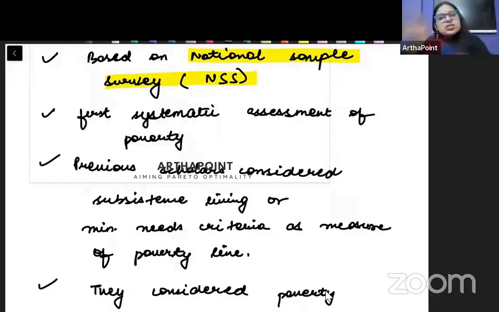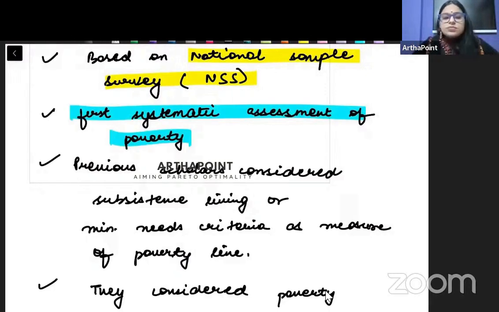To do this consumption, this is the money required. That proper systematic assessment, right? That states require this much, or rural area required this much, urban area required this much, how many calories people require. That systematic approach for the first time was taken by them.